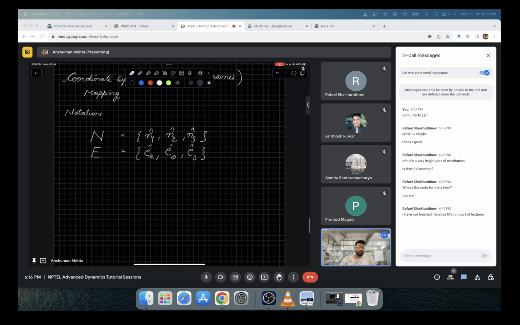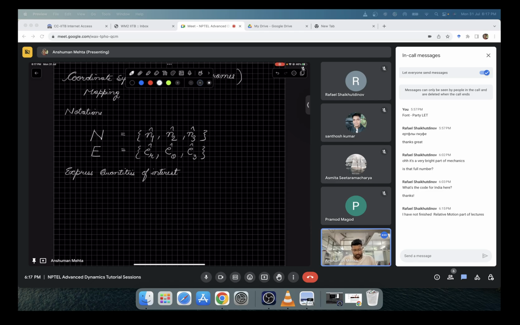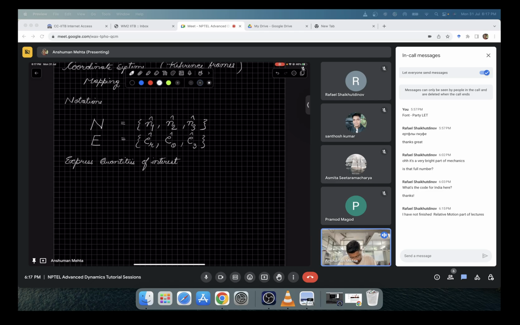Now if you want to express some quantities, it can be displacement, forces, even acceleration, so any quantity, let's say x.